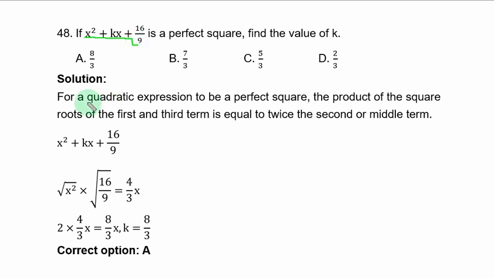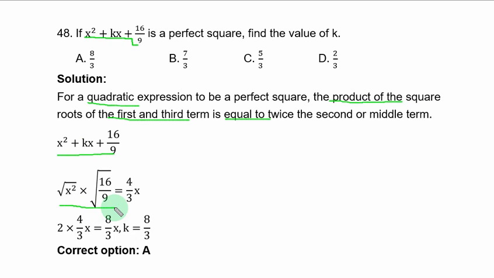Solution: for a quadratic expression to be a perfect square, the product of the square roots of the first term and third term is equal to half of the middle term, that is, twice the product gives the middle term. This is the given expression. So let us get the product of the square root of the first and third term. That is what you have here.